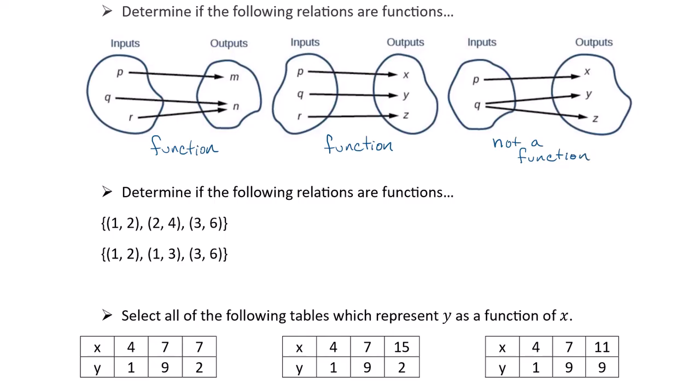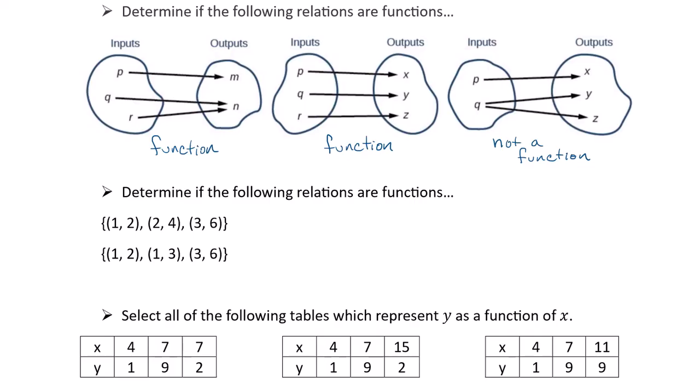A real life example of something that works like a function would be maybe a soda machine. So you see a soda machine, you put your quarter in and you press the root beer button, and you expect that a root beer is going to be the output of the machine.